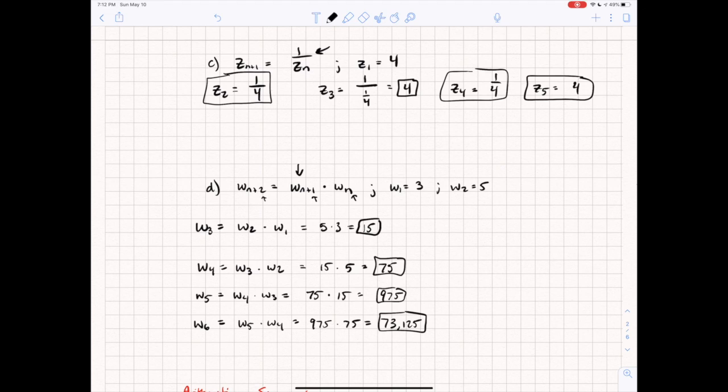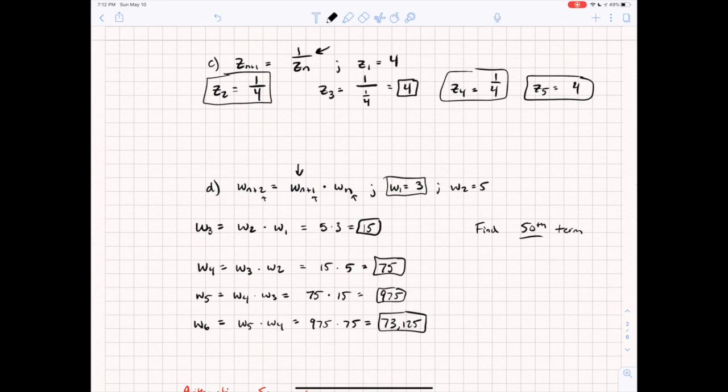And so this is a recursive sequence. Now the only downside to a recursive is that, again, you need to know some previous term. You have to know some kind of initial condition here to get started. And if a question asks you to find the 50th term in this recursive sequence, I would have to find the 49th.